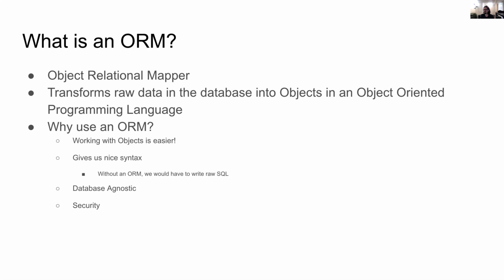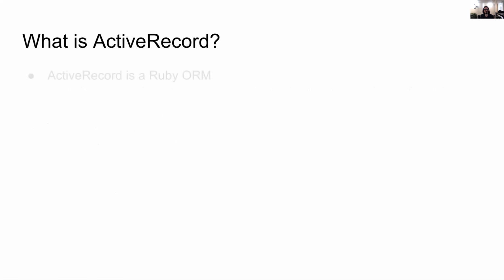So let's talk about Active Record now. What is Active Record? Active Record is our Ruby ORM. ORM in general transforms raw data into objects in an object-oriented language. And when we're working with Ruby programs, we use Active Record to transform that raw data specifically into Ruby objects. These are Ruby objects, just like you worked with in Mod 1.